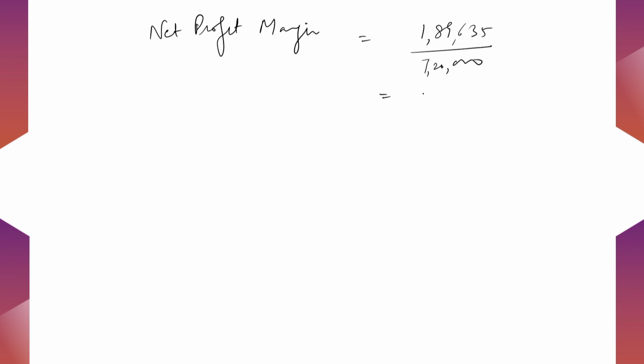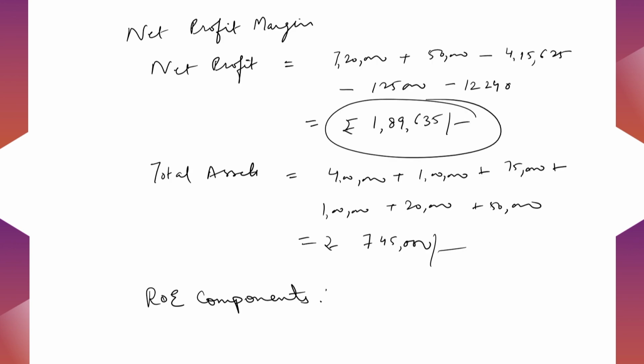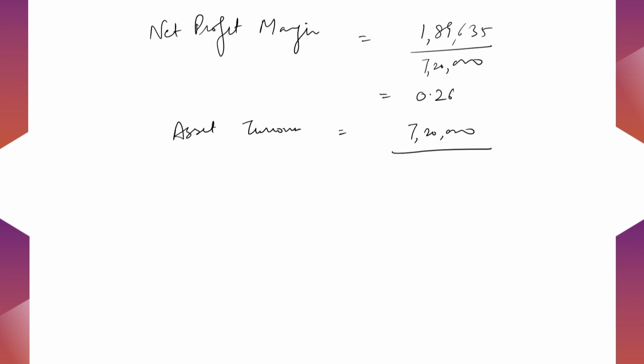Going one by one, first we calculate the net profit margin. As we just calculated, the net profit of 1,89,635 divided by the net sales we computed, 7,20,000, is 0.26. Then we have asset turnover, which is equal to the net sales, 7,20,000, divided by the total assets we just computed, 7,45,000.